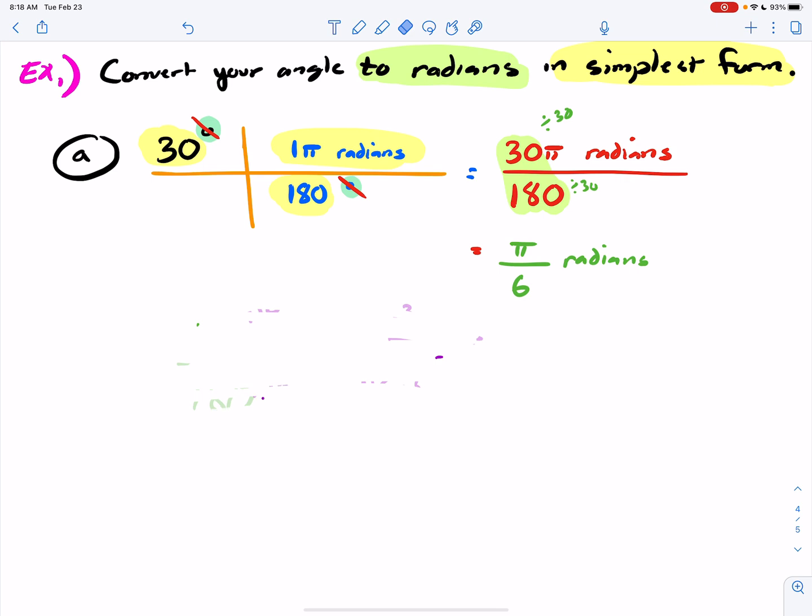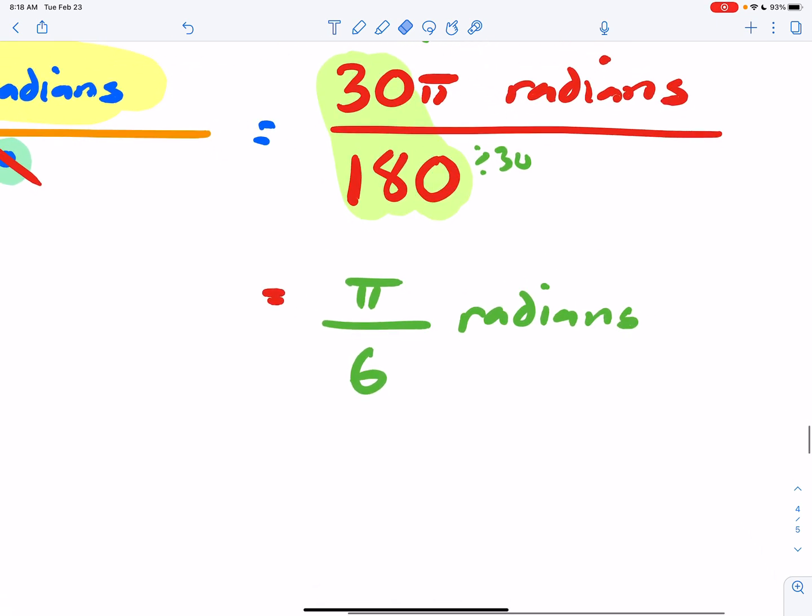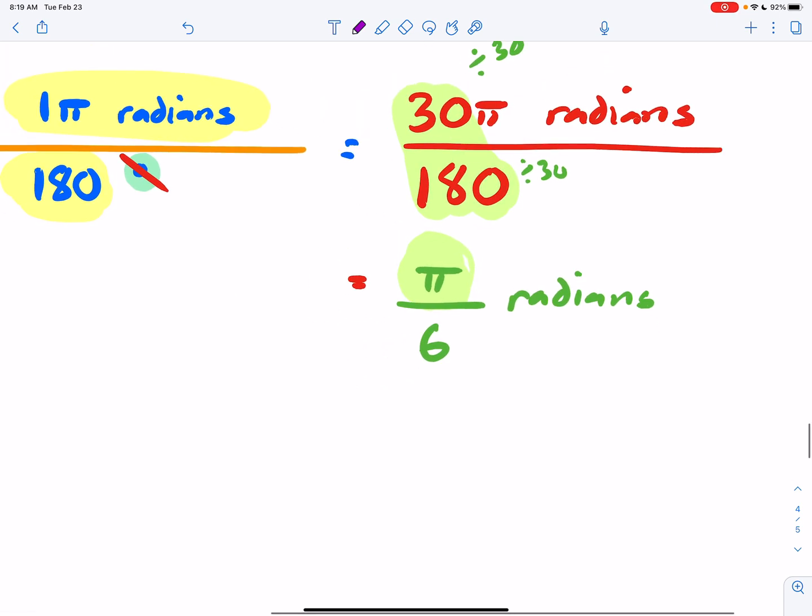Here's the last thing that I'll talk about before we try a few. When your answer has a pi in it, there's no need to write radians because it's kind of redundant. Because if it's already a pi, you know that it's already in radians. So sometimes in your book or wherever you would find out this math stuff, maybe through YouTube or just some online resource, they might just write pi over 6.